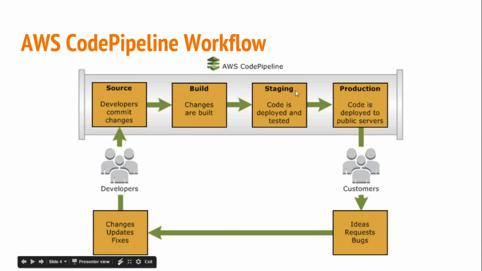Once it is pushed to production, customers will review the changes and, based on their requirements, test these functionalities and use them in their real-time environments. If any modifications or improvements are required, they will give ideas or requests, or if there are any bugs, they will log the bugs.